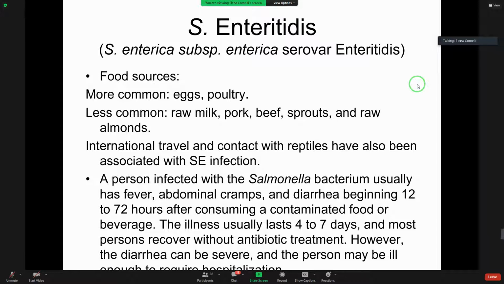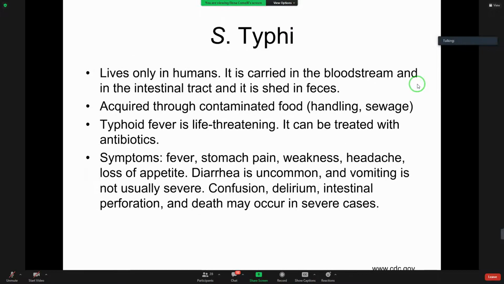This disease manifests with fever, abdominal cramps, and diarrhea that begin relatively soon following infection. Usually the infected individuals recover without antibiotic treatment. But if the diarrhea is severe, there is a risk of dehydration, and the individual may have to be hospitalized.